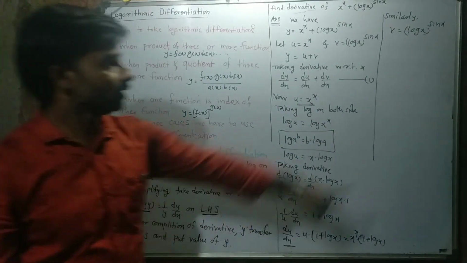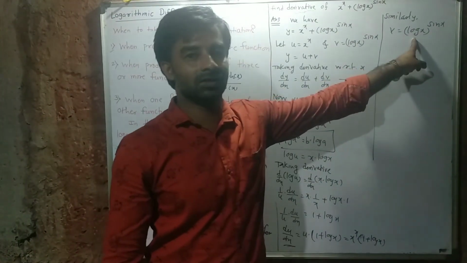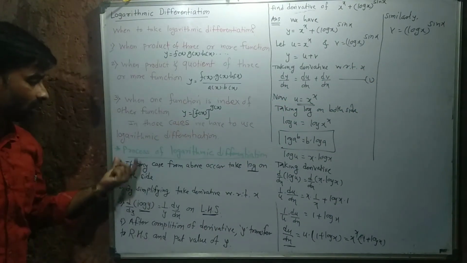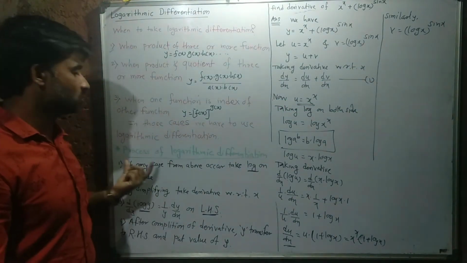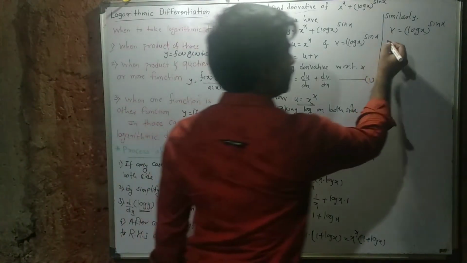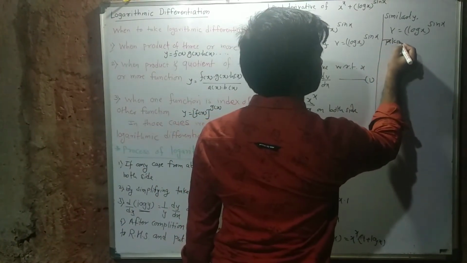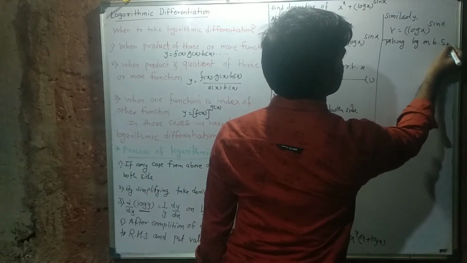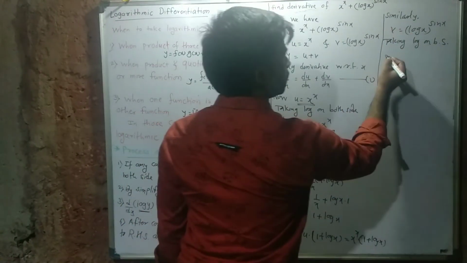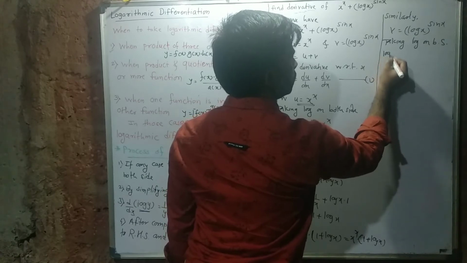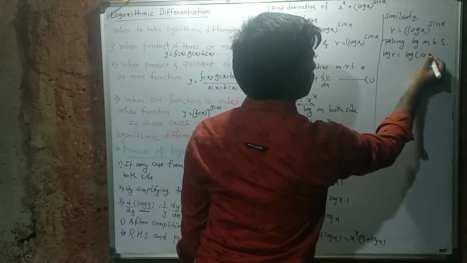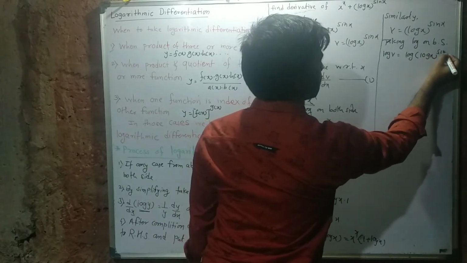That means once again one function is the index of another function, so we have to carry out the process of logarithmic differentiation, taking log on both sides. You will get log v is equal to log of (log x) raised to sin x.